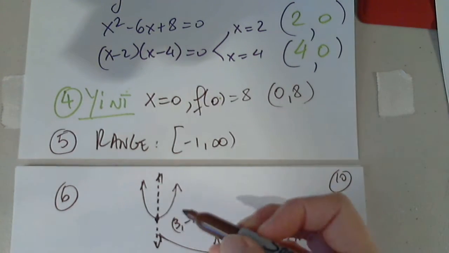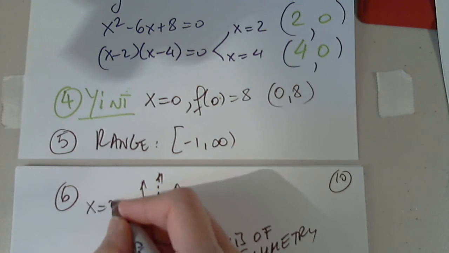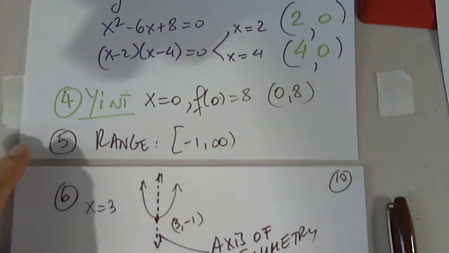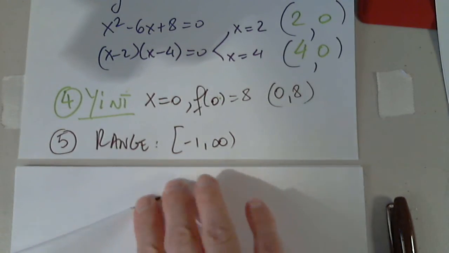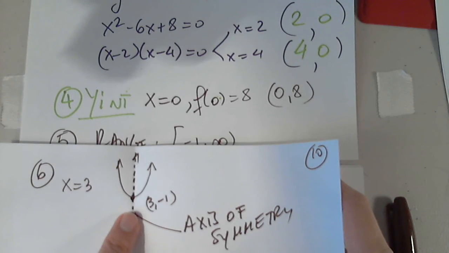It's the vertical line through the vertex. It must be x equals 3. So when we get the chance to graph the function, it will be symmetric with respect to this line.